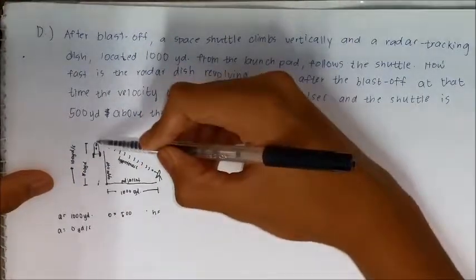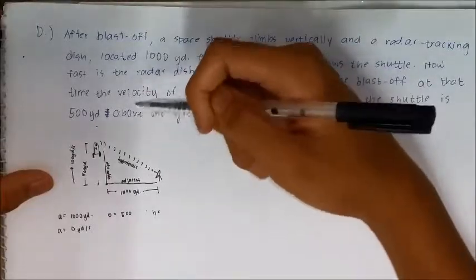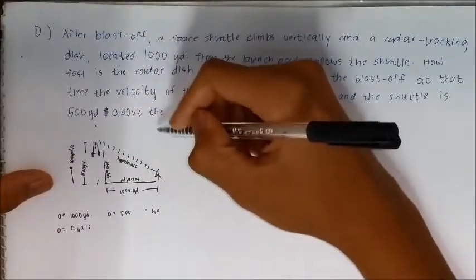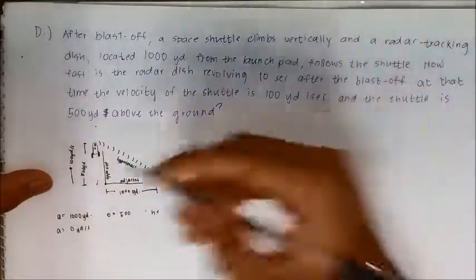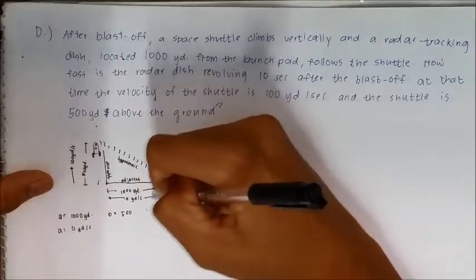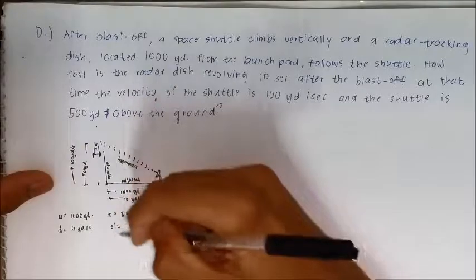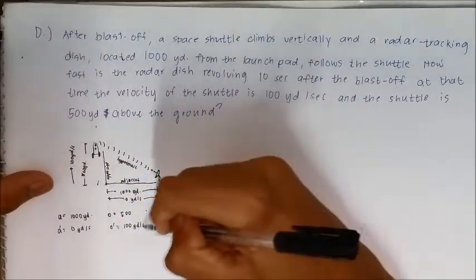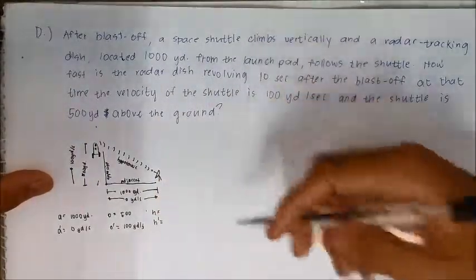It does not matter how high the rocket rises, whether 1,000 yards or 2,000 yards, it will always be 1,000 yards away horizontally from the radar tracking dish. Therefore, the rate at which it changes is 0 yards per second. The rate at which the opposite changes is 100 yards per second, so it rises 100 yards per second. The rate at which the hypotenuse changes, we do not know yet.